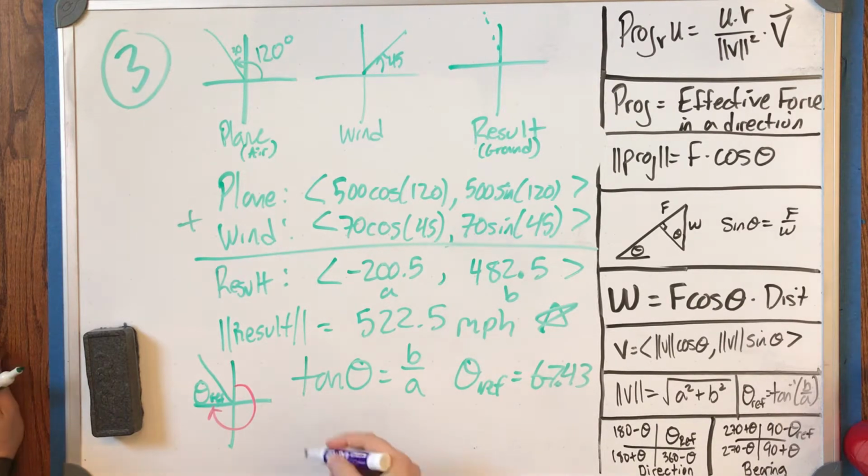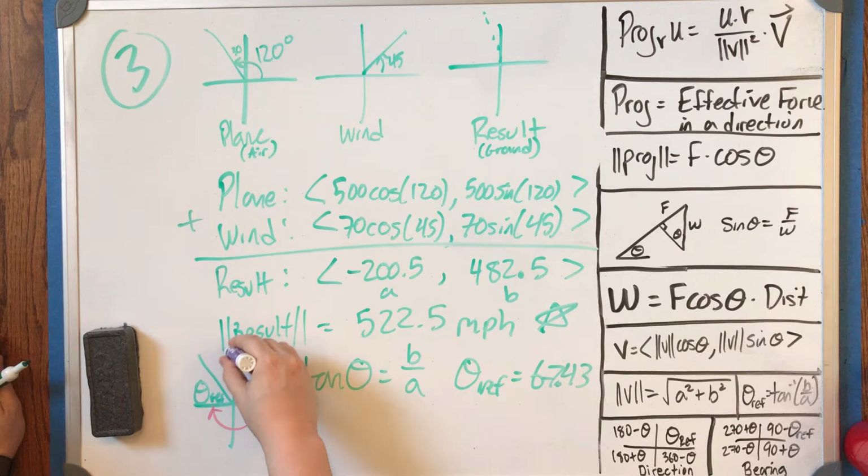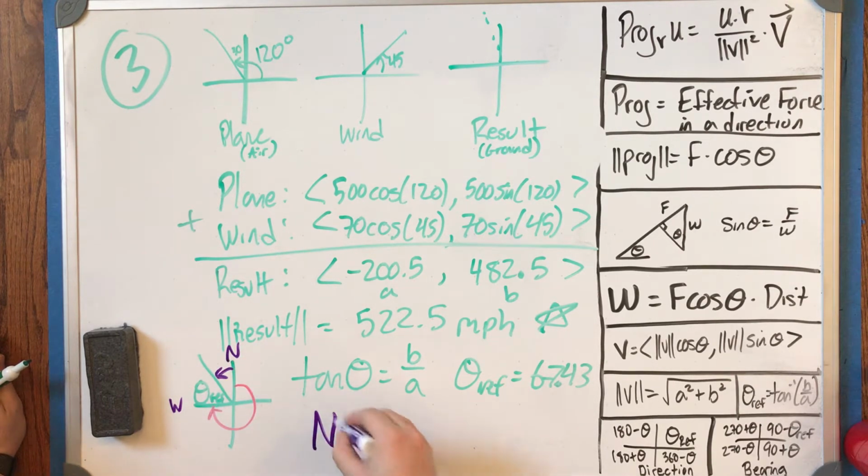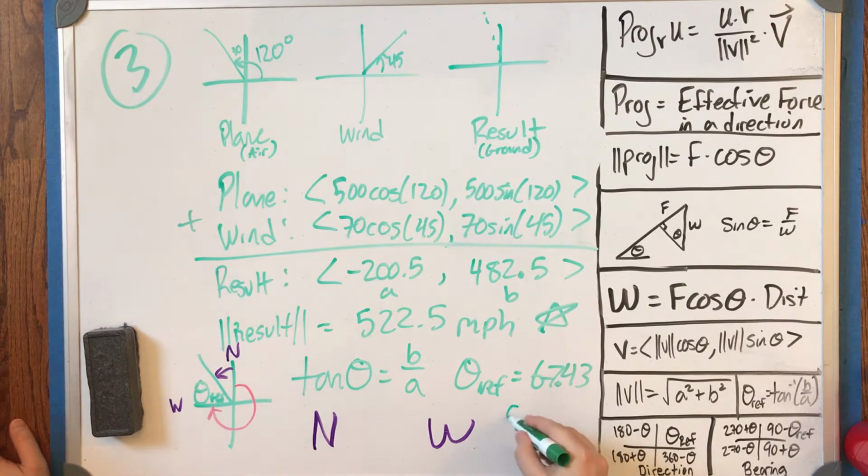So they're using the fancy format where we would say from north heading towards the west. Okay, so north something west, and it's always north and south, and then east or west over here. It never starts with an east or west. Always starts with north and south. So if that's the reference angle, I need to figure out that guy. So I'm just going to do, in this case, 90 minus that theta reference, which is going to give me 22.6 degrees.